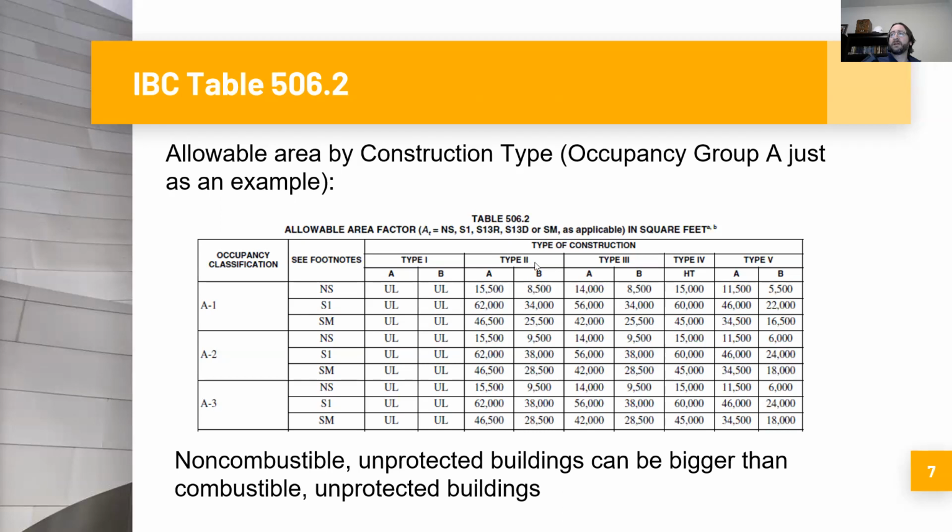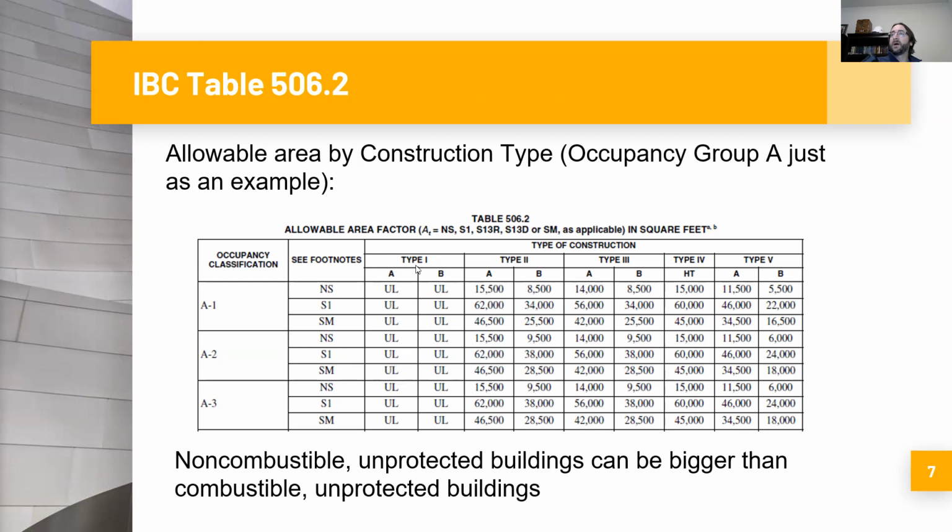And of course, the level of fire protection afforded to the building elements. So of course, if you have the type 2B, but you protect, you give it an hourly rating in addition to its non-combustible materials, you really do increase the size of the building. And of course, you go up to type 1, which is the most restrictive non-combustible construction type, you get unlimited height, unlimited area.